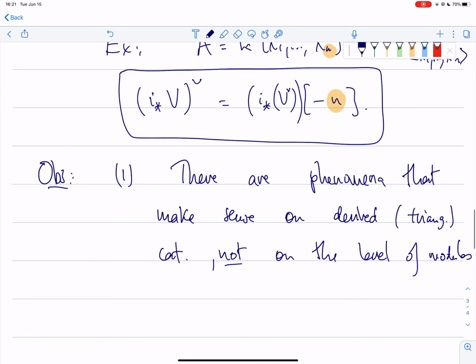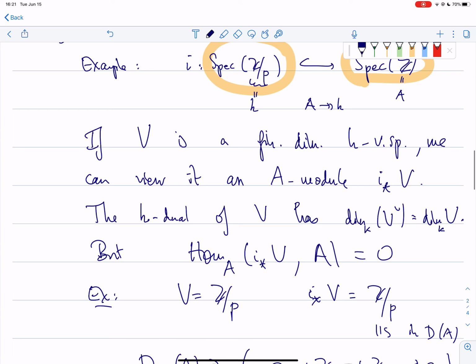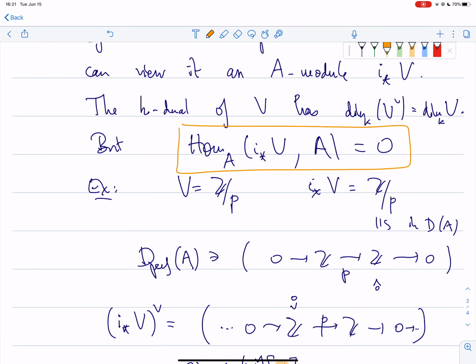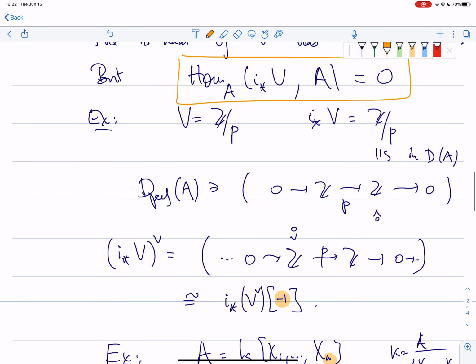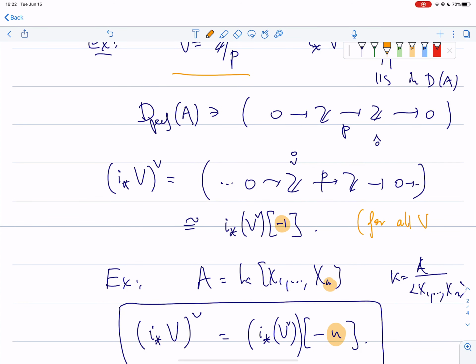We've seen above the dual as a module. The A dual of the module itself was losing all information about V. And by the way, I took this example, but this would be true for all finitely generated V, or for all V in Dperf of K.